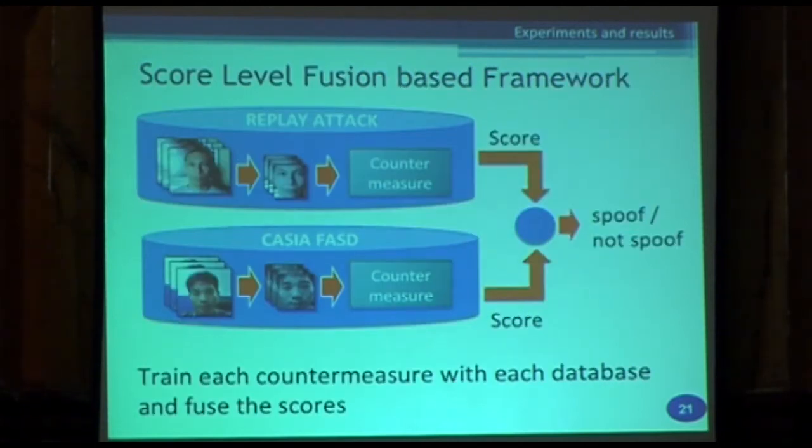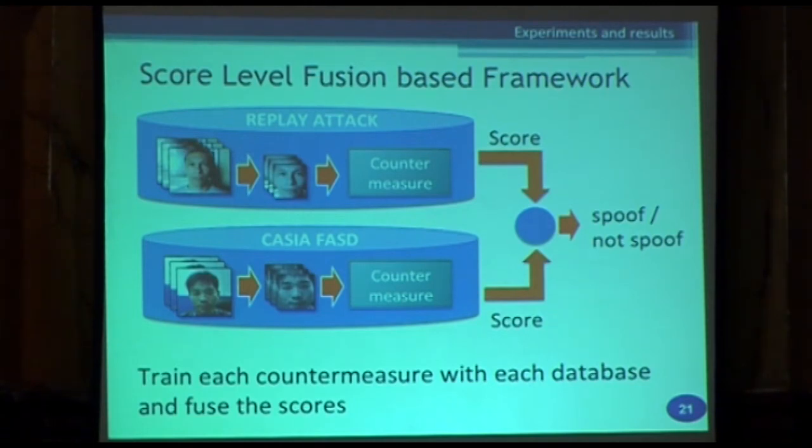Another approach to deal with these different kinds of attacks is called the score-level fusion-based framework. In this framework, you train and tune a countermeasure with one database, and train the same countermeasure, another machine, with another database. Each one has a score and you fuse these scores. In this work, we organized this framework training the same countermeasure with different databases, but we can make any combination that you want.